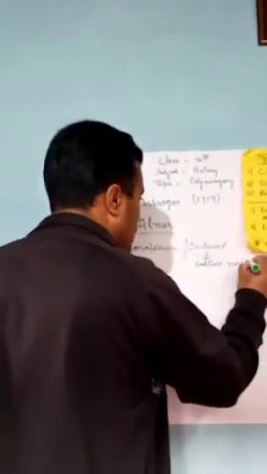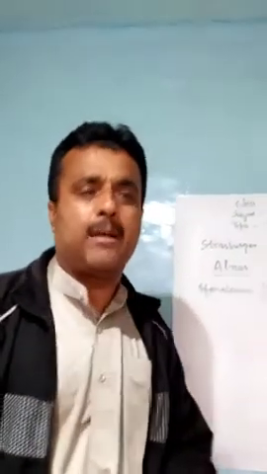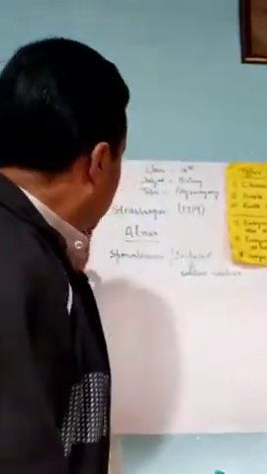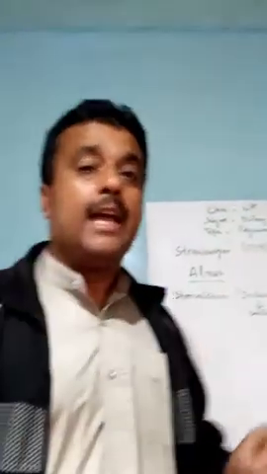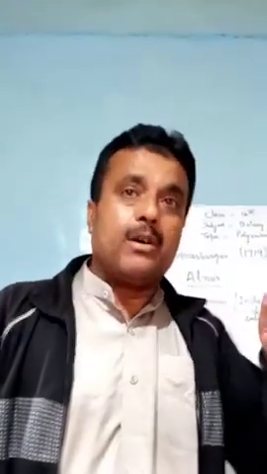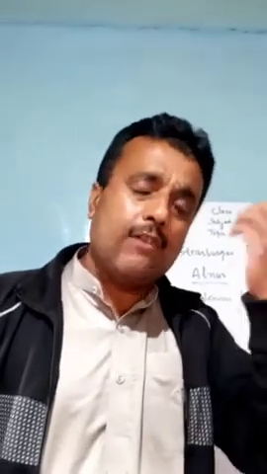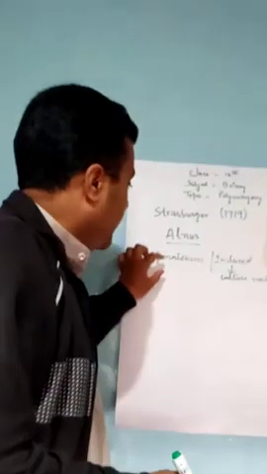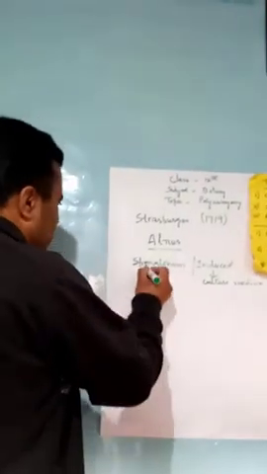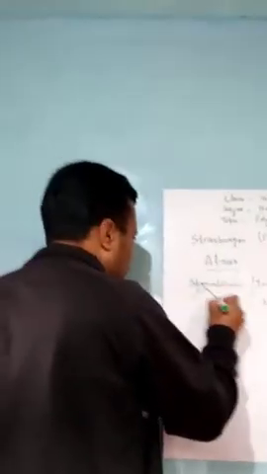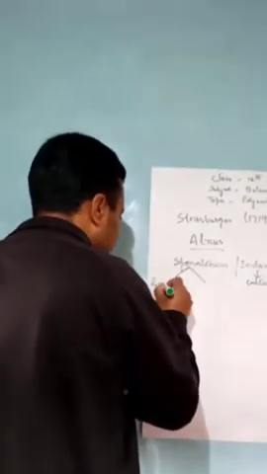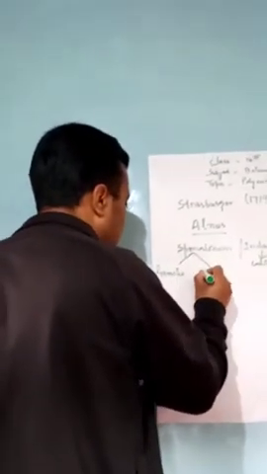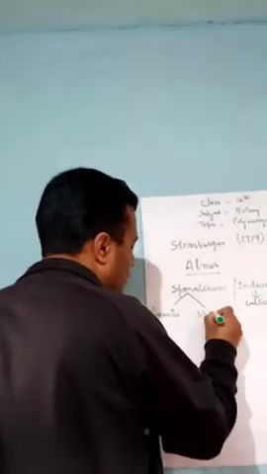While in spontaneous polyembryony, the embryos develop naturally. Spontaneous polyembryony may be of two types: gametic polyembryony or sporophytic polyembryony.